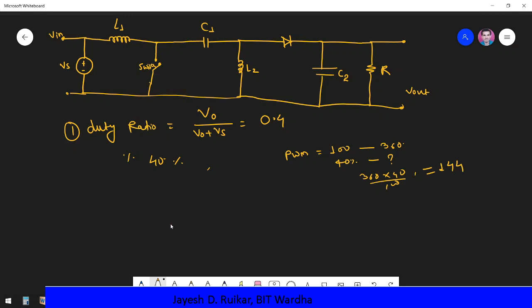So whenever we give the PWM pulse, we have to give it from 0 to 144. We need to understand this.